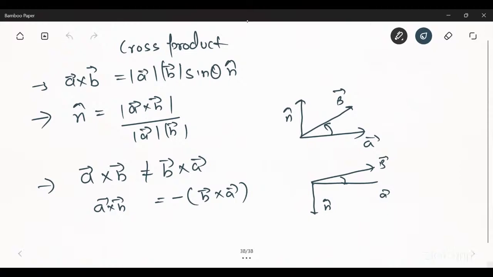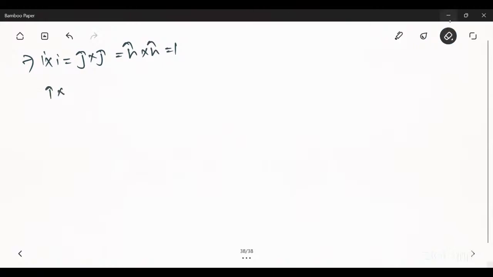And in cross product, I cross I is equal to J cross J is equal to K cross K, which is always 0. Why?